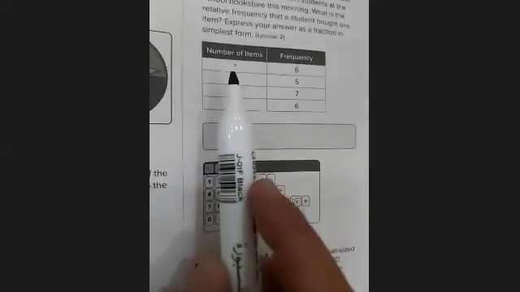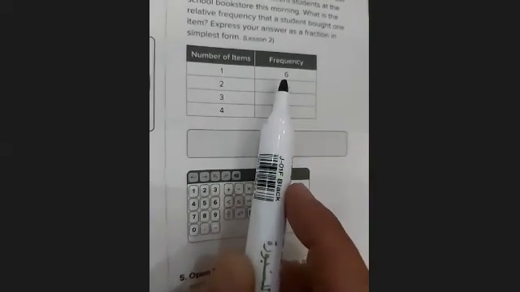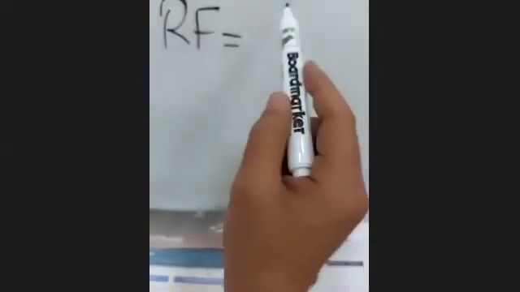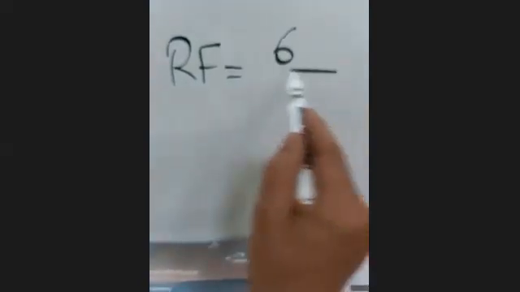These are names. Here we care about the frequencies. Now the relative frequency of item number 1: what is its frequency? 6. So it is 6 over the total of the frequencies.